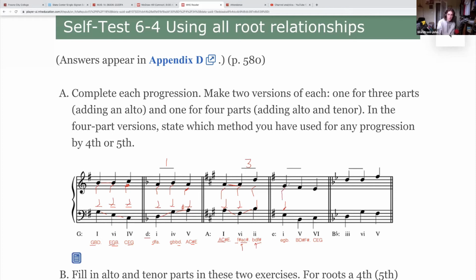Good. All right. We are moving by a fourth. We have one common tone, which is B. Do we want to stay with it?